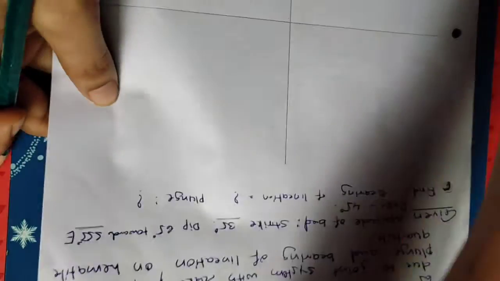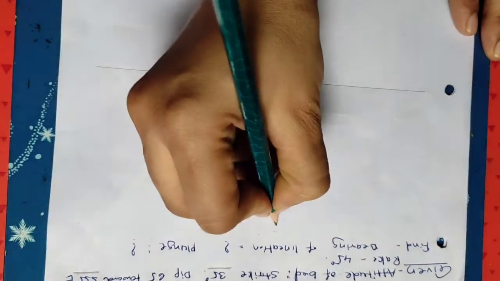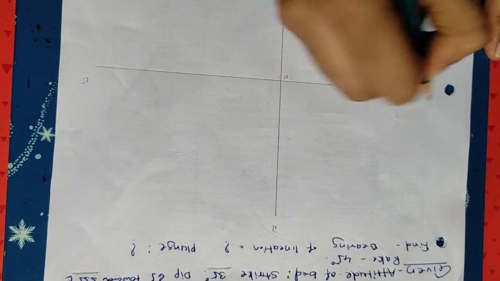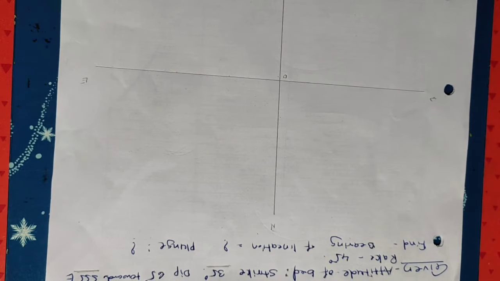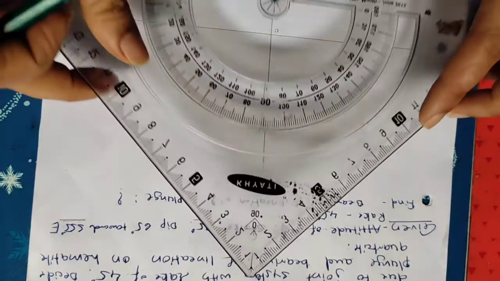So this is the point O, with north, south, east and west. First we have to plot the attitude of this bed.